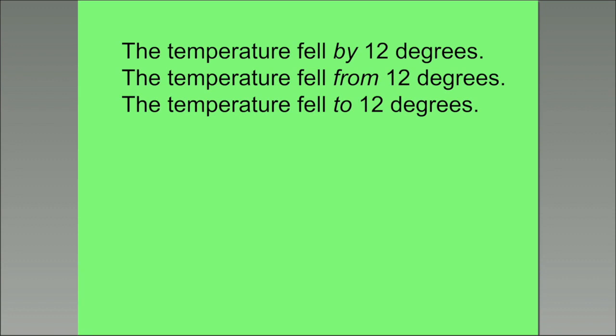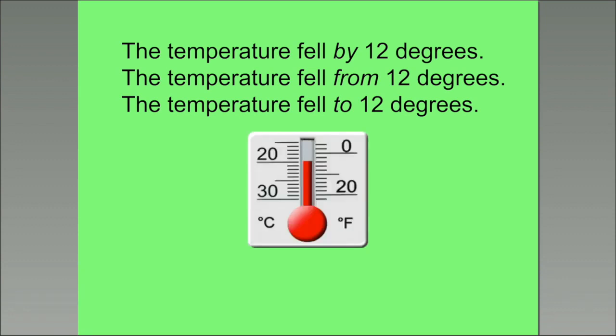Even students who understand the word temperature, because I've given this great visual, may be completely lost when it comes to figuring out how to solve a problem because of the difference in the preposition. So even with a thermometer with movable dials, even working with manipulatives, they aren't going to understand it if they don't understand the prepositions.